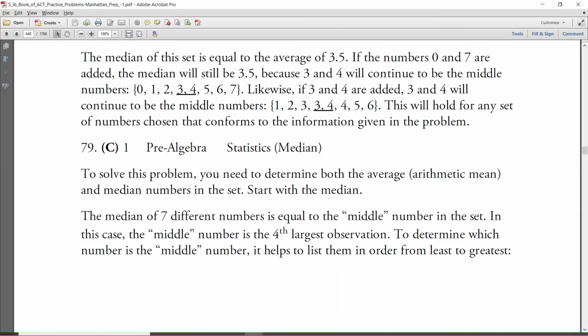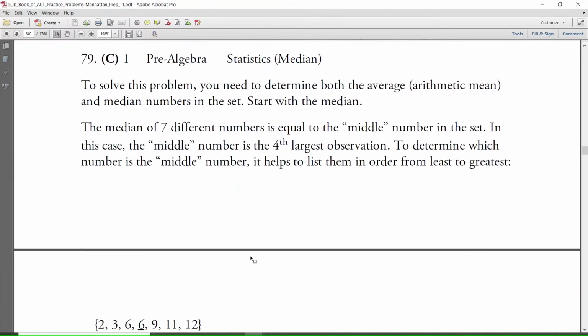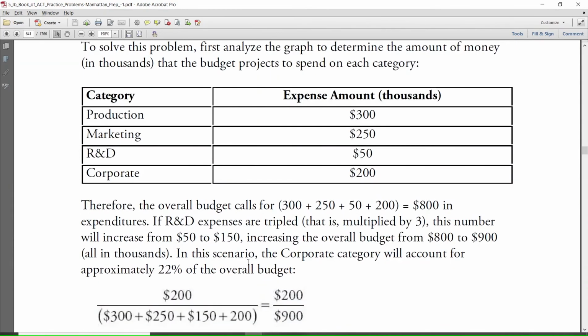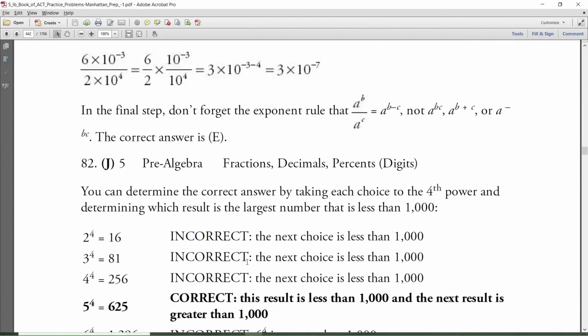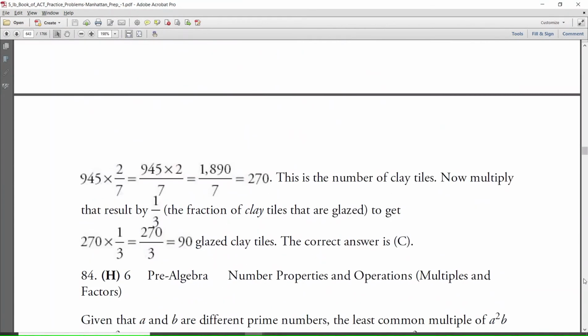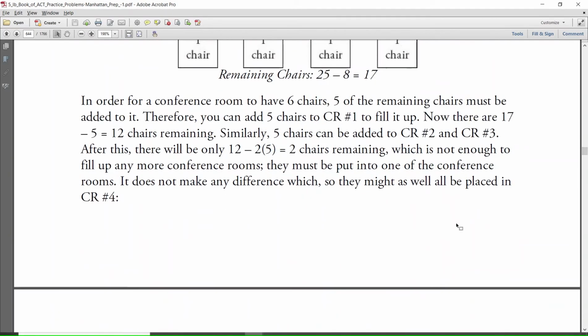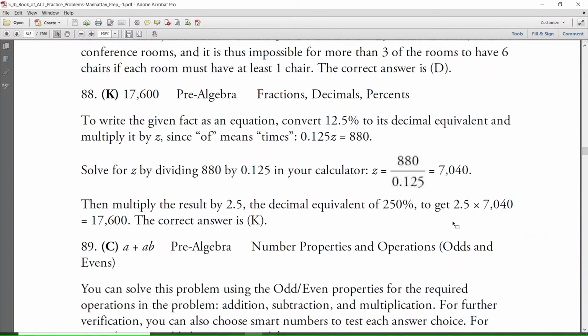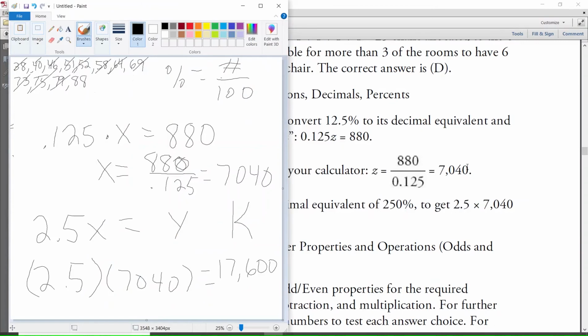So let's make sure that is the right one. Which number is that? 88, 79. Did I pass it? 88, 17,600, K. So we got it. So that one, the key to remember is when they say X percent of something, it means that percent as a number.